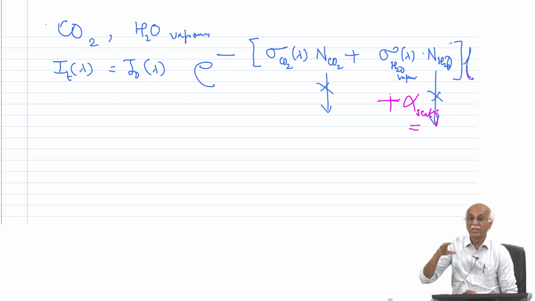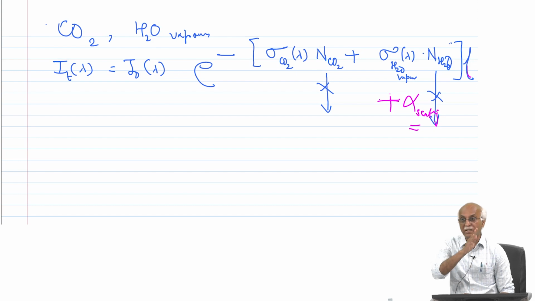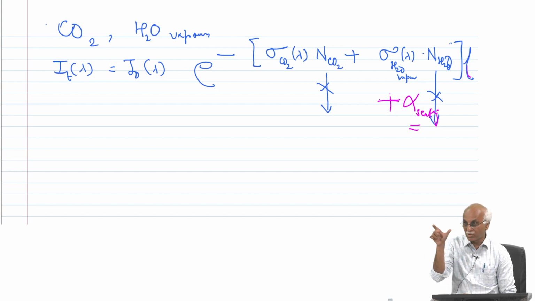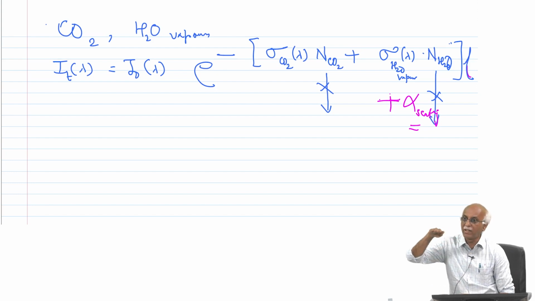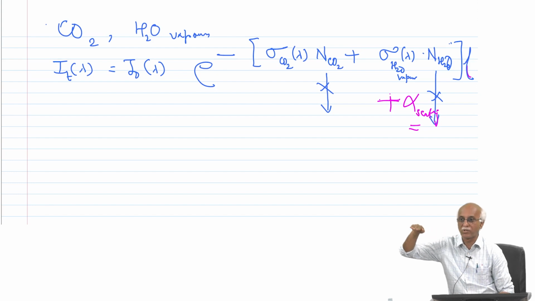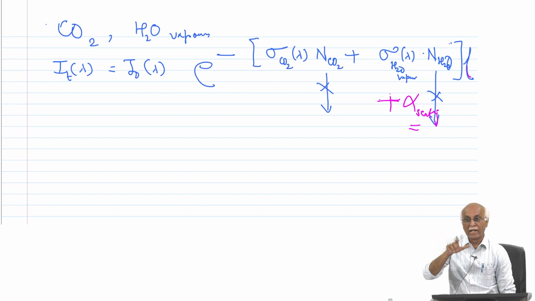It will not change. With wavelength change the scattering coefficient changes, but not as fast as the absorption parameters. So over a certain wavelength range alpha scattering may be approximately constant. I can select that particular range and see that the scattering is constant.